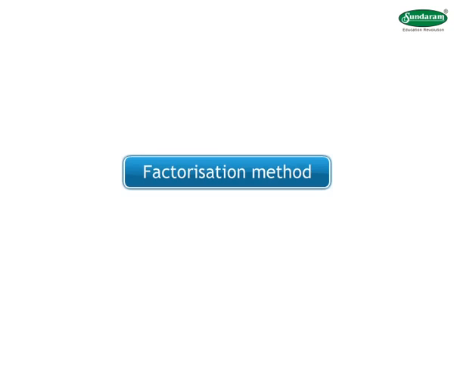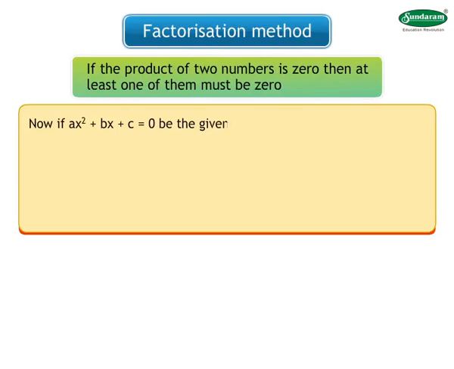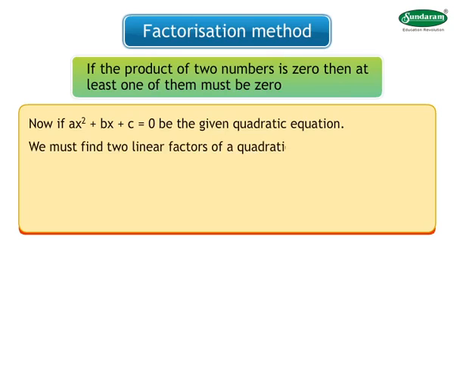Before we actually solve quadratic equation, we state the following important properties. If the product of two numbers is 0, then at least one of them must be 0. Now, if ax square plus bx plus c is equal to 0 be the given quadratic equation, we must find two linear factors of a quadratic polynomial ax square plus bx plus c.